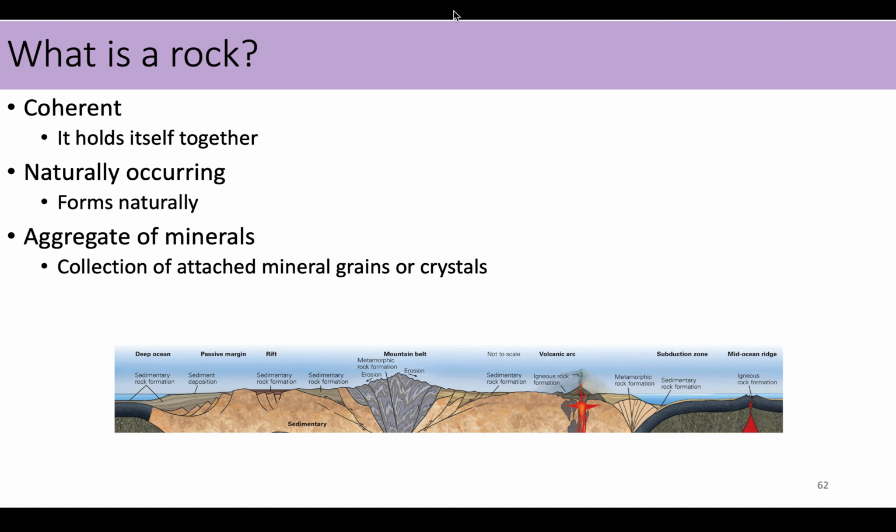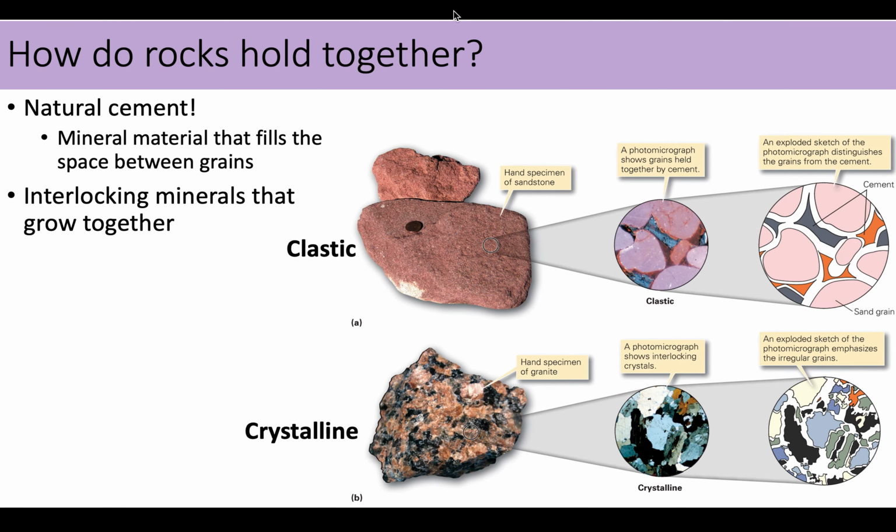And it is an aggregate of minerals, a collection of minerals, mineral grains, pieces of minerals, or mineral crystals that are collected and attached together. So by definition, a rock is made up of minerals, it occurs naturally, and it holds itself together as a solid.